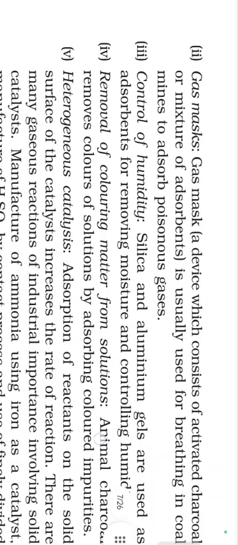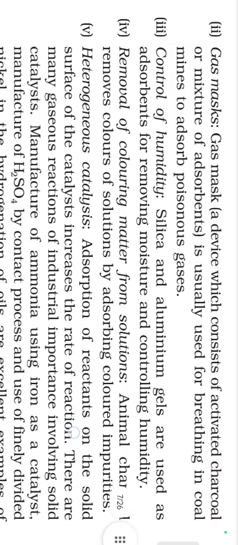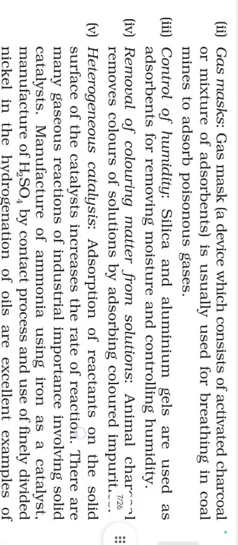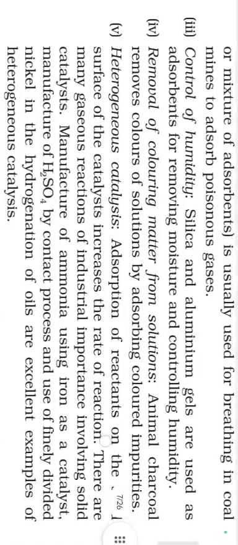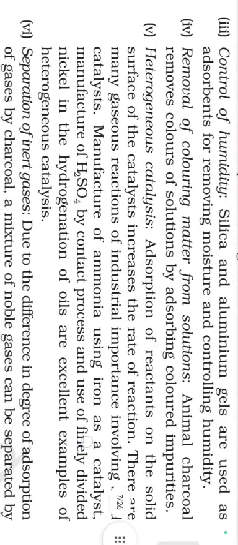Gas mask, a device which consists of activated charcoal or mixture of adsorbents, is usually used for breathing in coal mines to adsorb poisonous gases. Third, control of humidity. Silica and aluminium gels are used as adsorbents for removing moisture and controlling humidity.